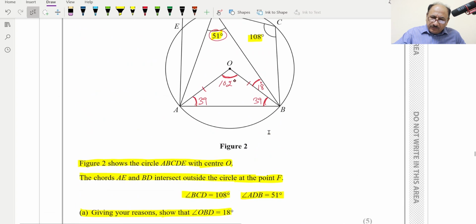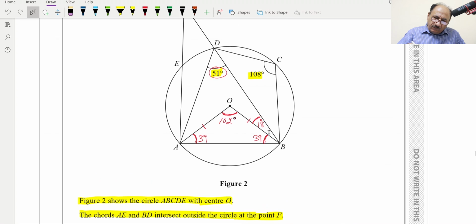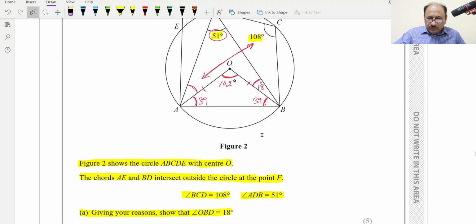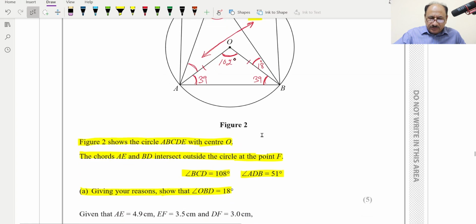And now after this, we can find this angle also, and we know quadrilateral ABCD is a cyclic quadrilateral. In a cyclic quadrilateral, opposite angles add up to 180 degrees.